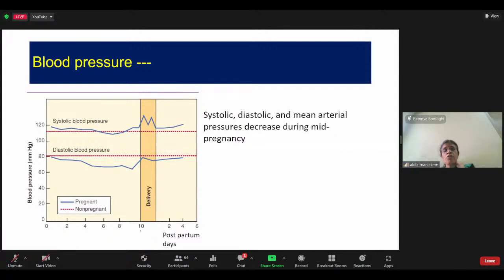That is because of a decrease in your systemic vascular resistance and pulmonary vascular resistance, and this is majorly because of the hormonal effects which occur during pregnancy. Now, the SVR is reduced by 20%, whereas your peripheral vascular resistance is reduced by 18%.